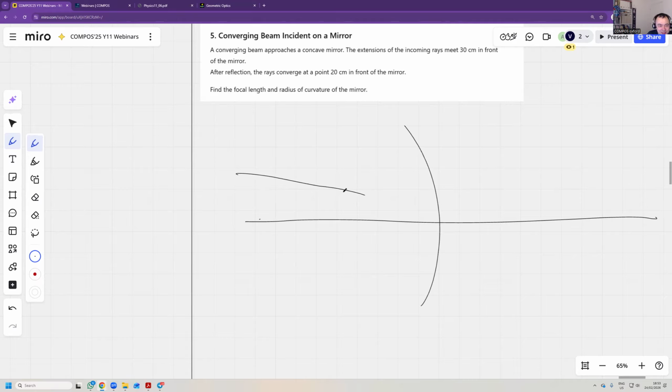Right, converging beam. So like this, converging beam of light. The extensions of the incoming rays meet 30 centimeters in front of the mirror. All right, so they meet 30 centimeters in front of the mirror. After passing that point, they reflect and they meet again.